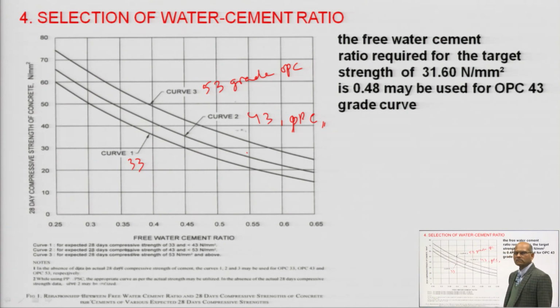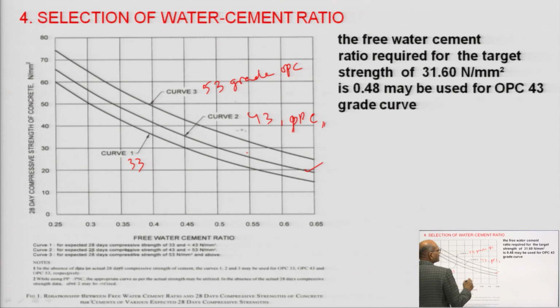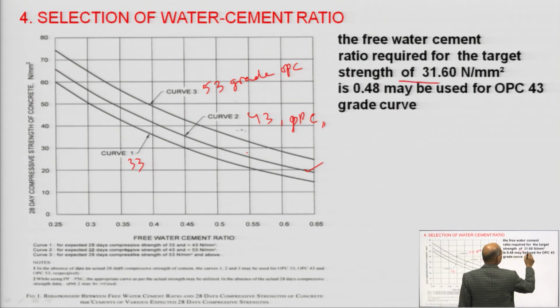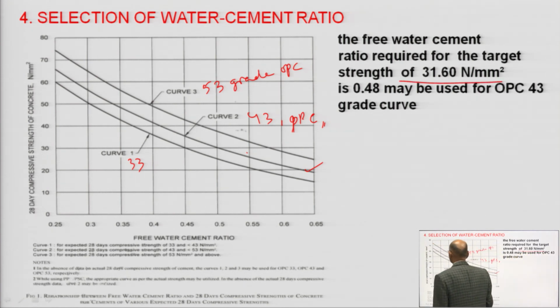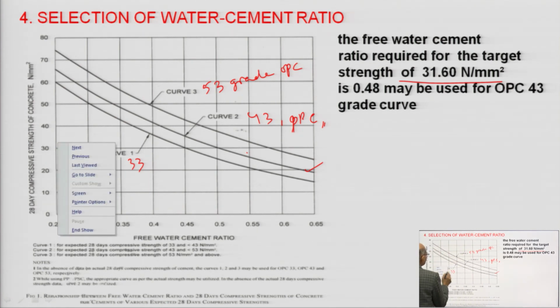In our problem, our grade of cement is 43 grade, so you have to refer to this curve. What is our mean target strength? It is 31.60, that we have calculated previously. So, from 31.6 here, sorry.